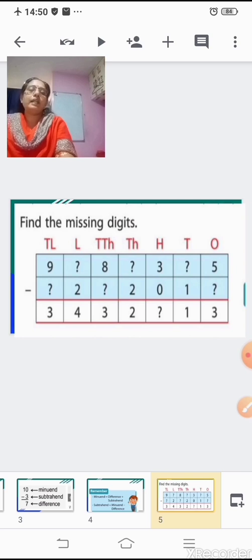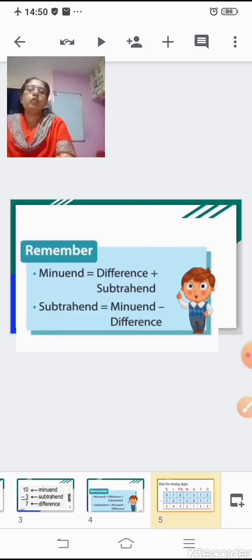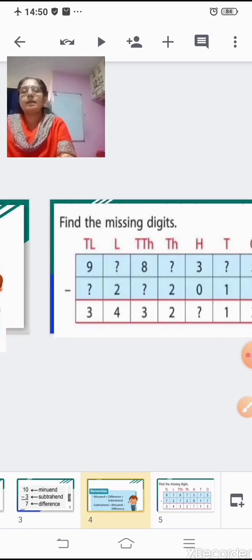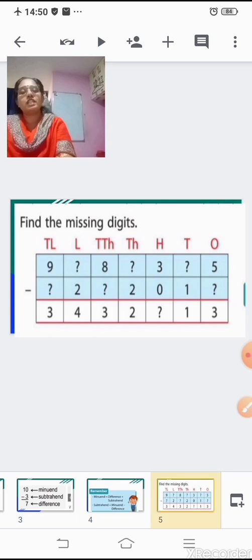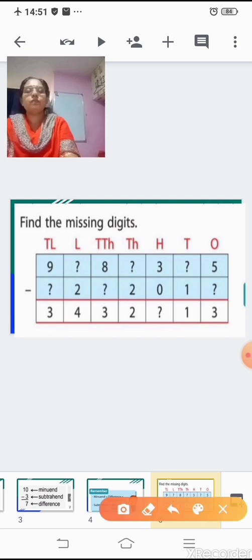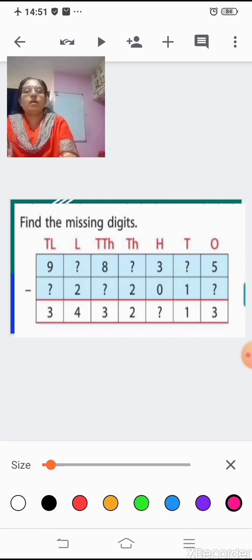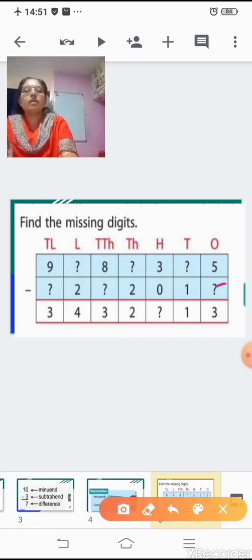Now coming to the tens place, you have to find the minuend. Minuend is always difference plus subtrahend. Here the difference is 1 and the subtrahend, that is the second number, is 1. So 1 plus 1 is 2. Here it will be 2.